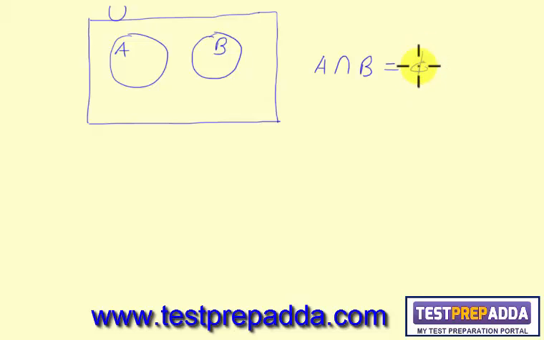So you can see no common element, and such type of sets are called disjoint sets.